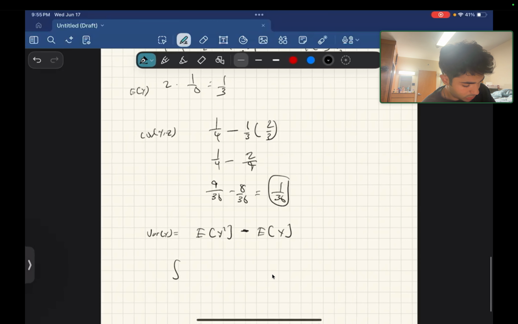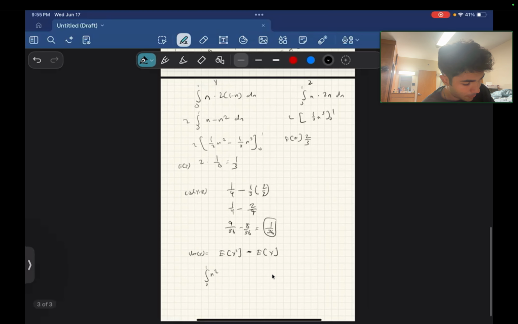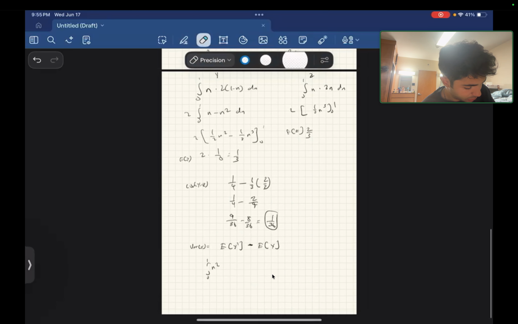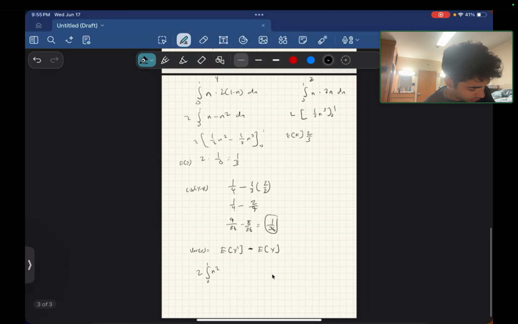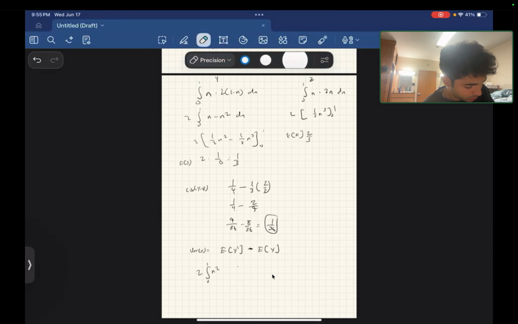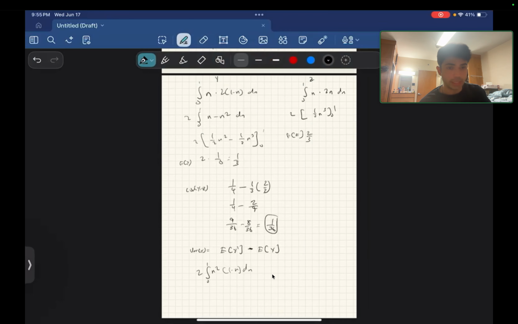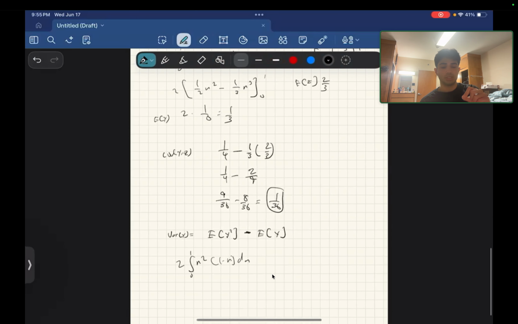So you go from 0 to 1 of n squared, and take out the 2 like we did before, 2 times 1 minus n, dn. We do n squared here because the expectation of a function of n is going to be that function times the value at that support.